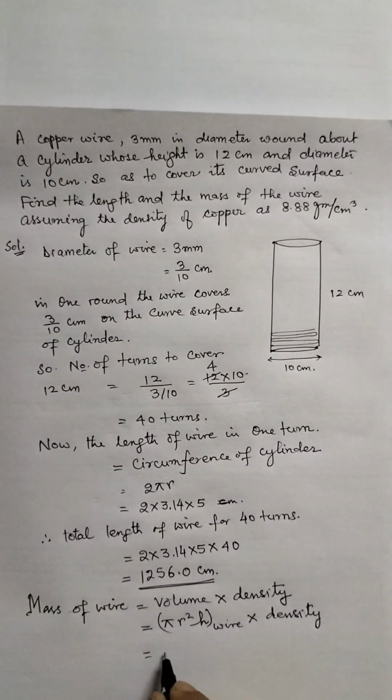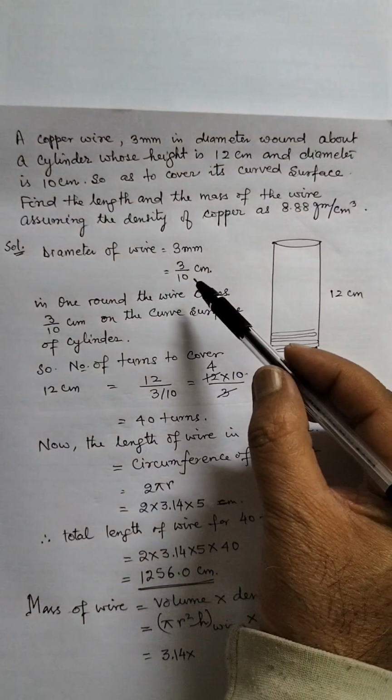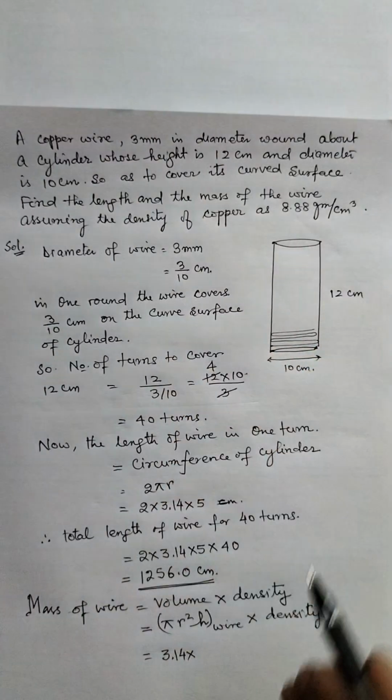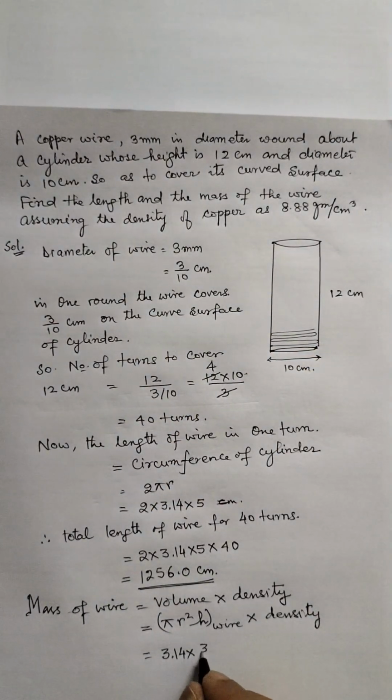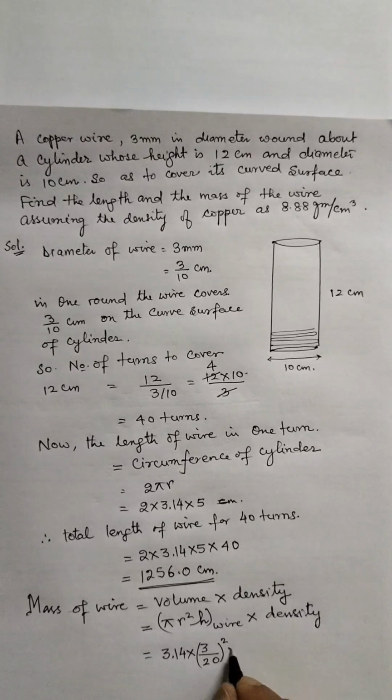So this is 3.14 into radius of the wire. This is the diameter. The radius of the wire is going to be 3/20 squared into height.